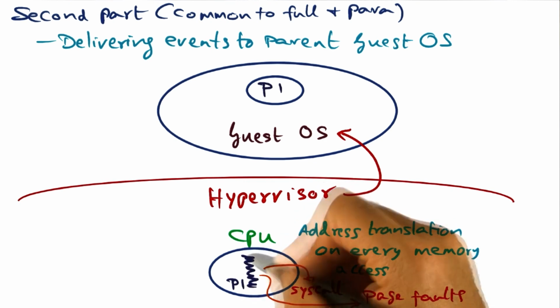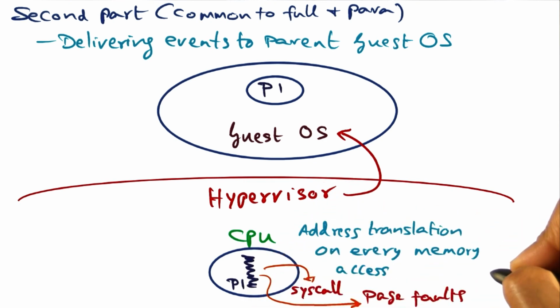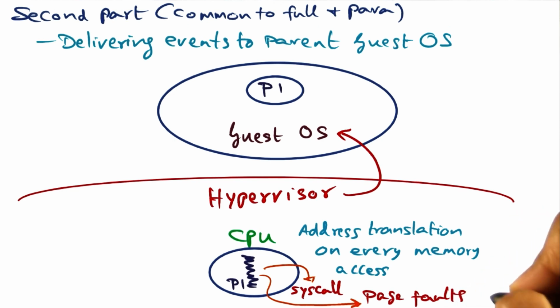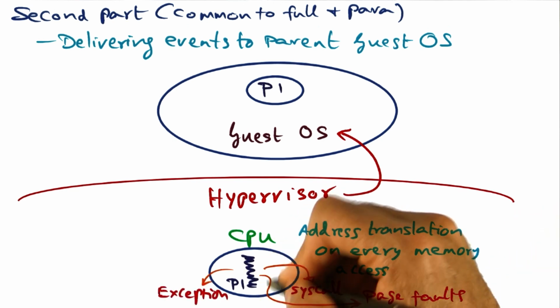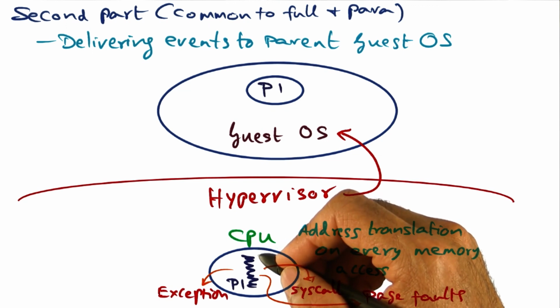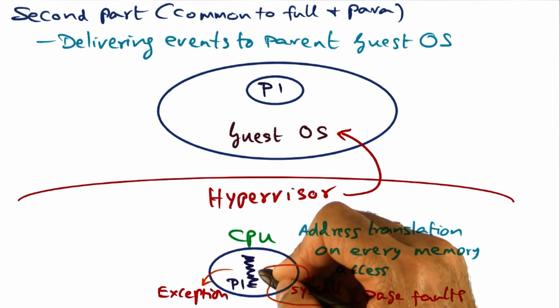Not all of the virtual address space of the process is going to be in the machine memory, and therefore, if some virtual page cannot be translated, then it's going to result in a page fault. Or the process may throw an exception. For instance, it might do something silly like divide by 0, which can result in an exception.